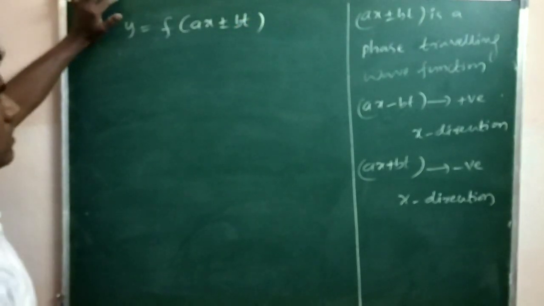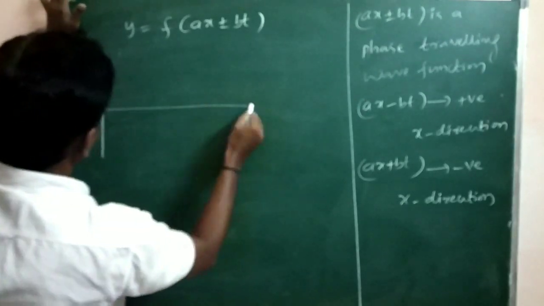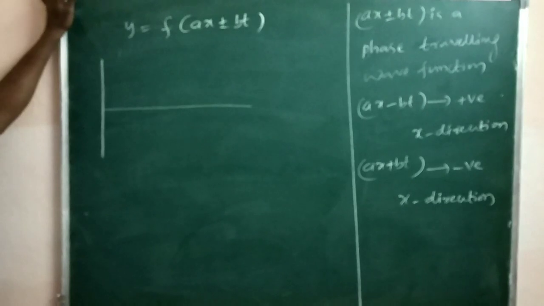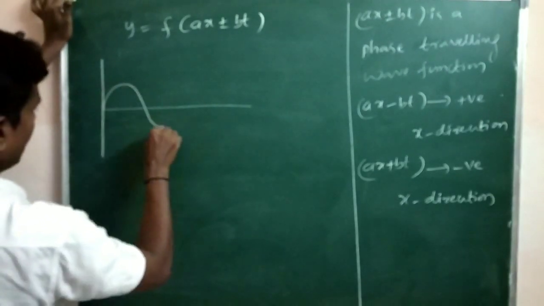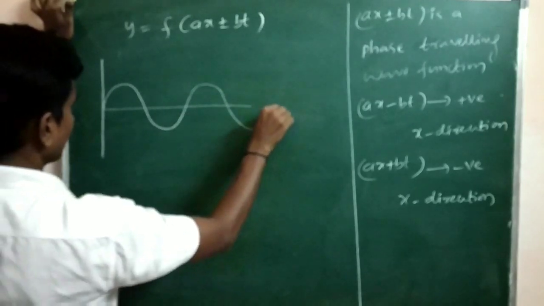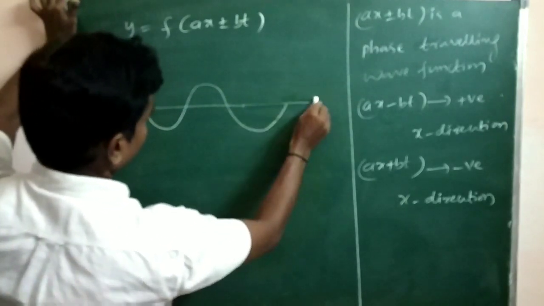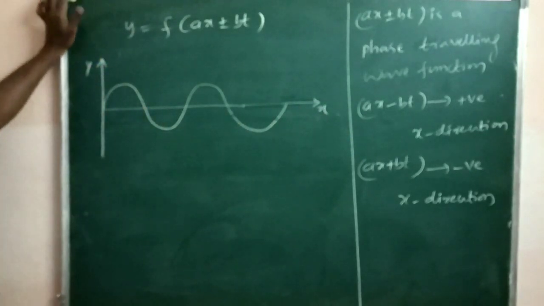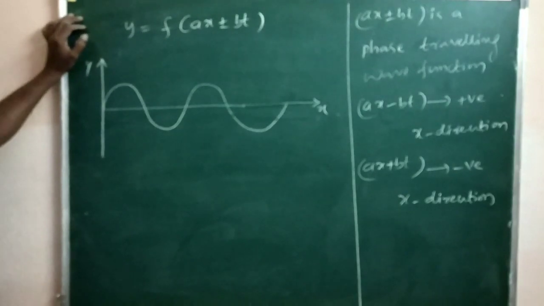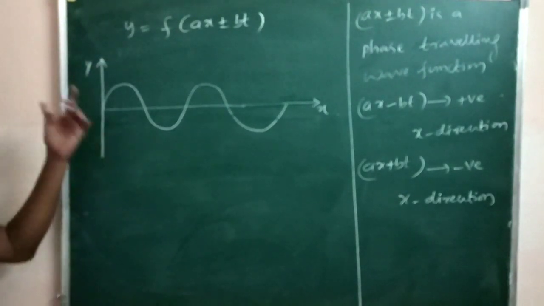Here is how the wave propagates along the x direction, like this. X is the distance, y is the displacement. The wave moves along the x direction.